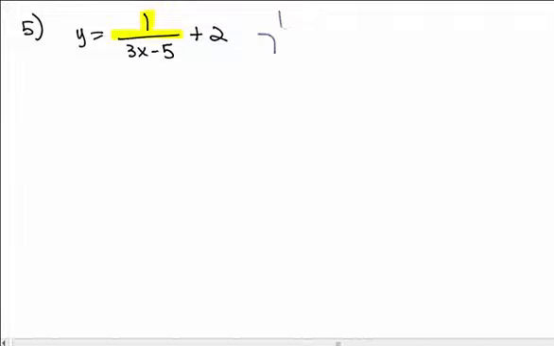Remember, the reciprocal function is going to have the asymptotes. So the reciprocal function is going to represent the f. Whatever's inside the reciprocal goes inside the function, the 3x minus 5. Whatever's outside the reciprocal, plus 2, goes outside the function.